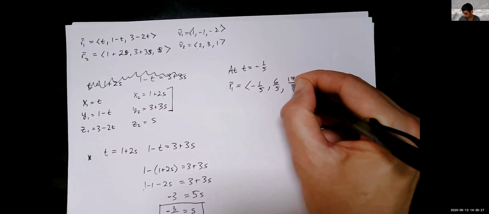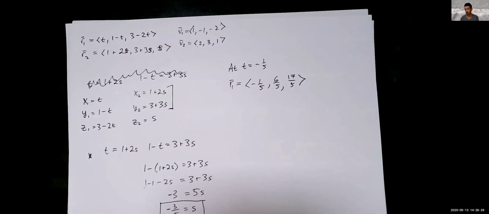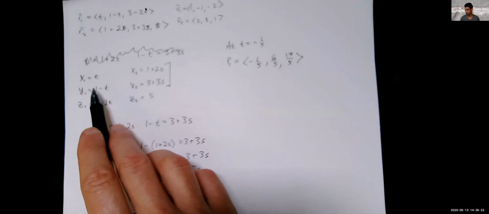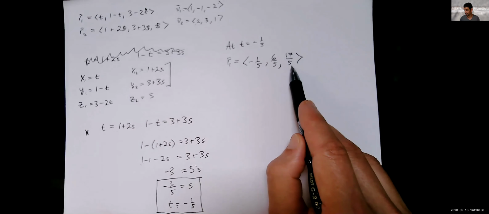That's 15/5 plus 2/5 gives me 17/5. So at the only value where they have the same x and y coordinates, R1 has this z coordinate.